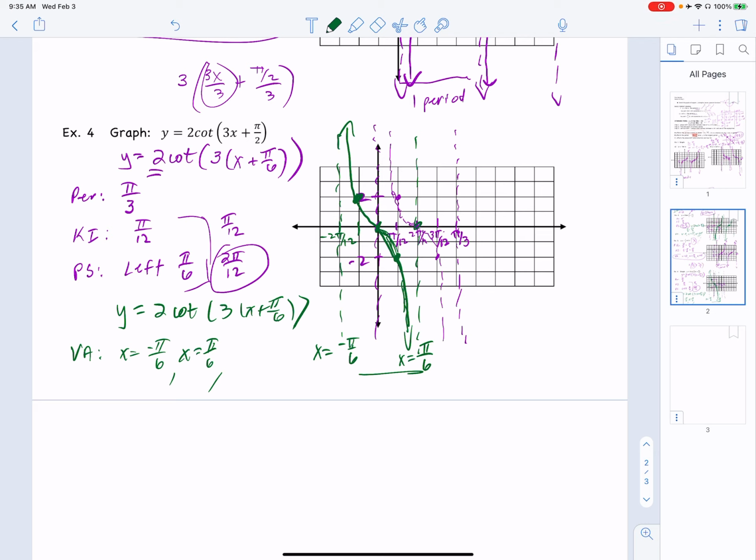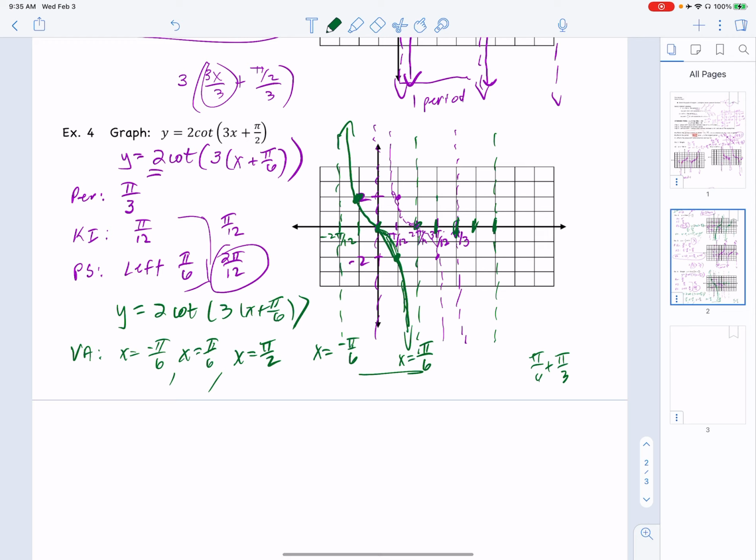And then I would just repeat this. I've got it marked by key increments. So another one is pi 6 plus the period, which is pi thirds, or 2 pi 6. So it is 3 pi 6, or pi halves. So the next one is x equals pi halves.